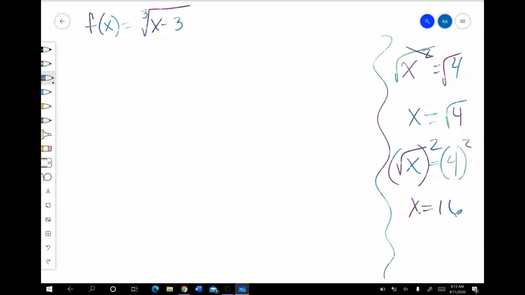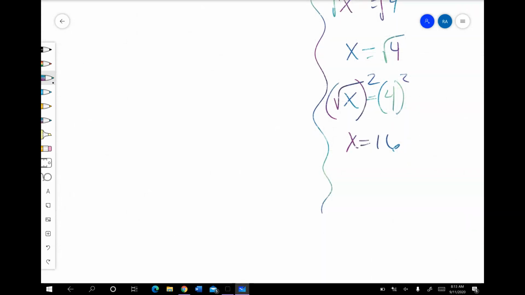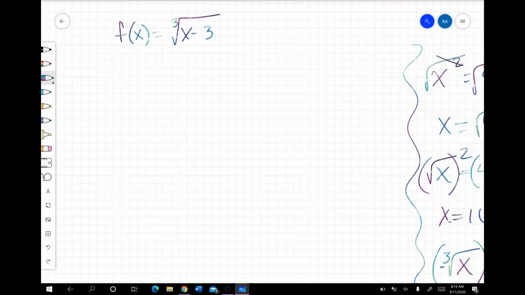Okay? Same thing with a cube root. If I give you the cube root of x is equal to 2, if a square gets rid of a square root, a cube gets rid of a cube root, and I have x equals 8. Okay? So all you do is raise it to whatever is right there.